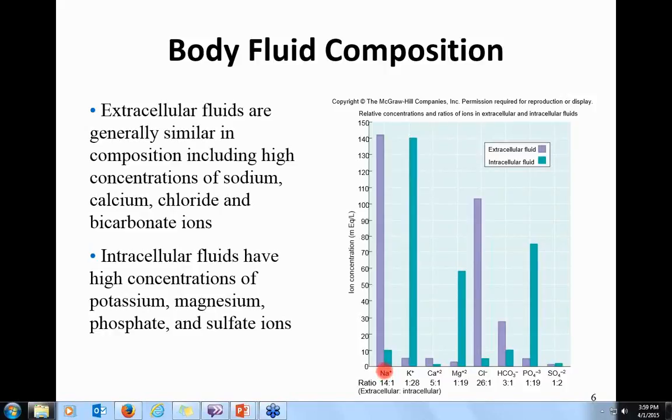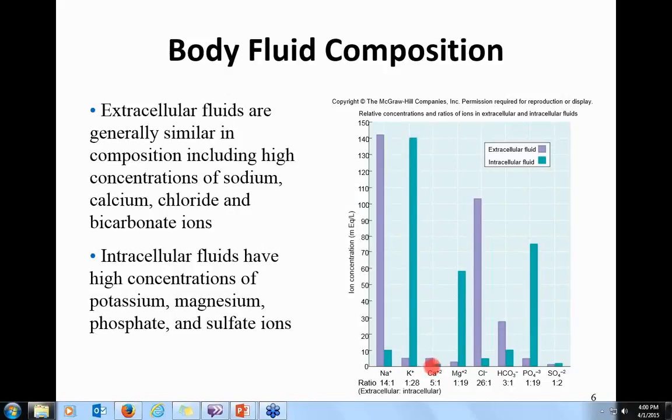Sodium is more abundant in extracellular fluid, whereas potassium is more abundant in intracellular fluid. Think about your nervous system with a sodium-potassium pump, pumping sodium out and potassium in.